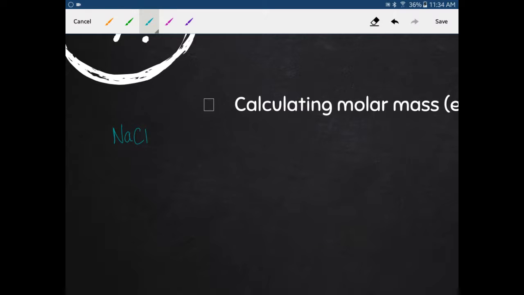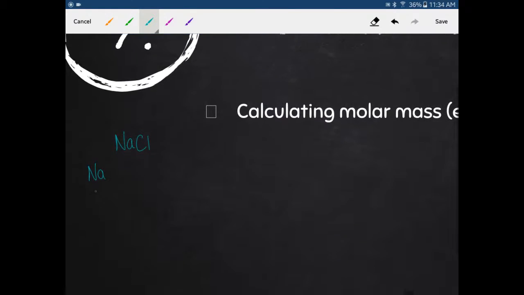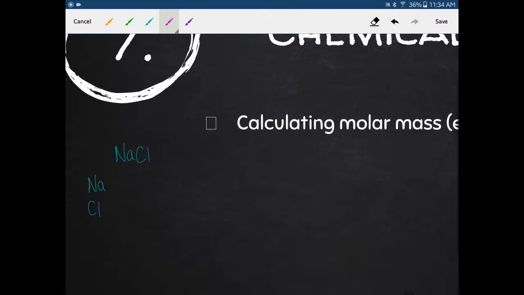Now, essentially to calculate NaCl, I have 1 atom of each in this compound. So what I like to do is write down that I have sodium and chlorine, my 2 elements existing in this compound. Then I write down how many of each I have. I have 1 times my sodium, and I have 1 times my chlorine.